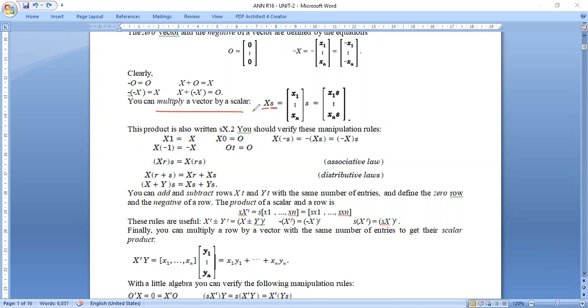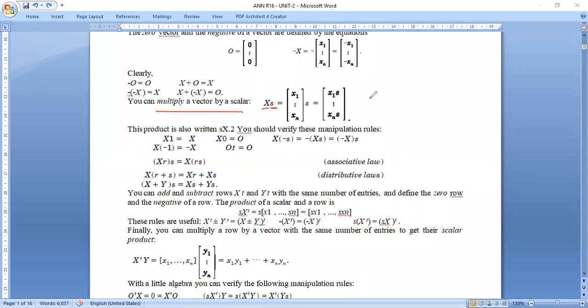This is the multiplication of a vector with a scalar. So how do you represent it here? The x entries are x1 to xn, then with the s value you will get the result x1 into s, x2 into s, x3 into s, and so on.